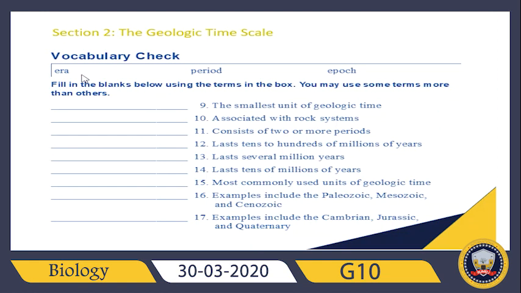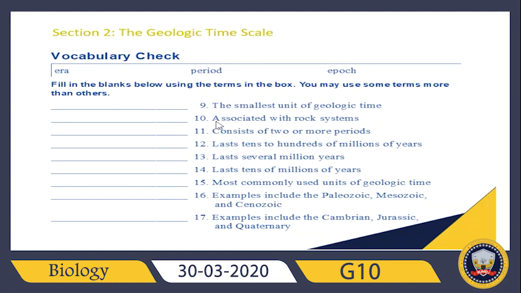So guys, for question number 9, the smallest unit of geologic time, what do you think, guys? The smallest unit of the geologic time was, yes, the epoch. Epoch is the smallest unit of geologic time.